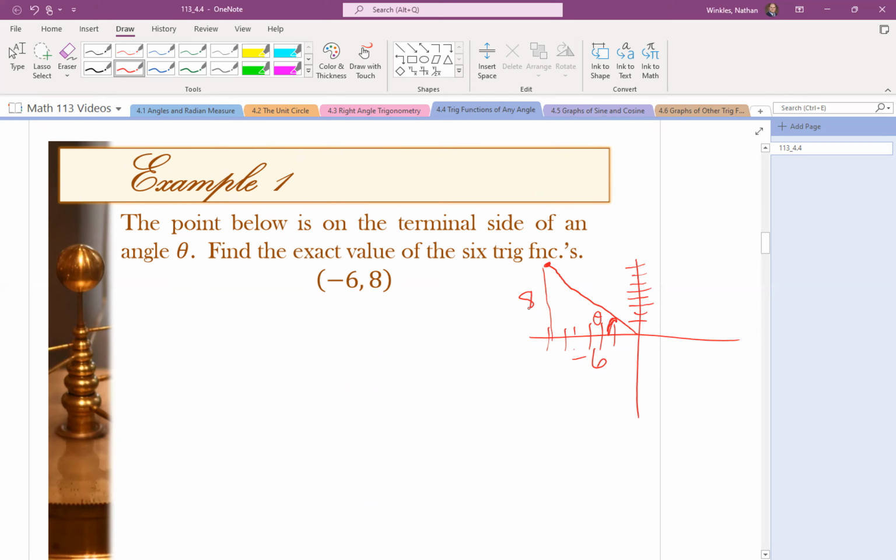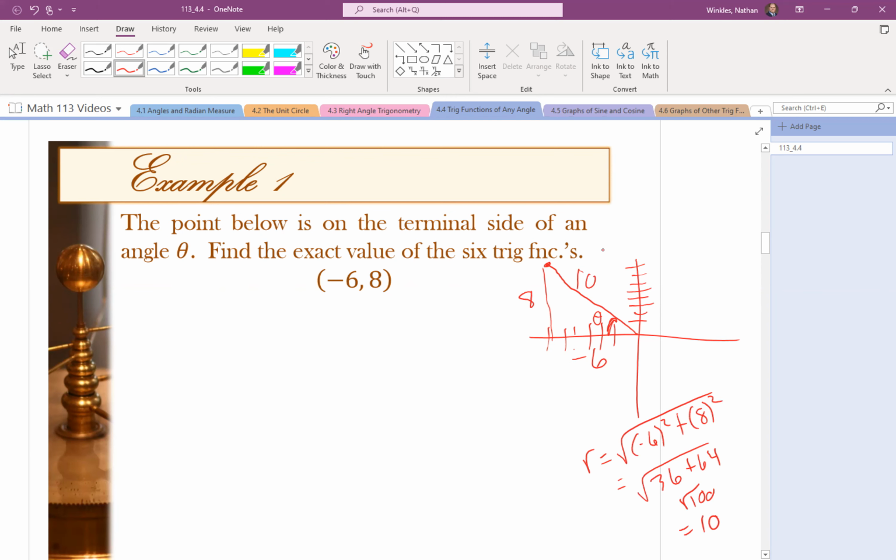First thing we need to do is find r. R is equal to the square root of x squared plus y squared. So that's 36 plus 64. Square root of 100 is 10. So we found our r.